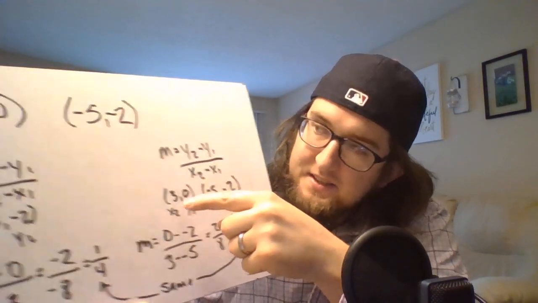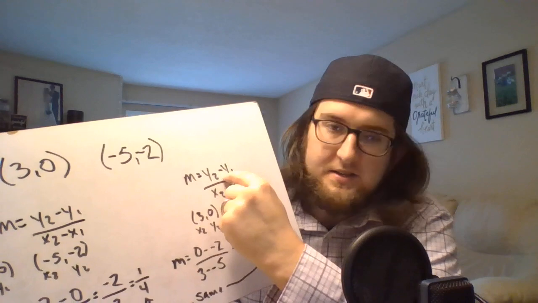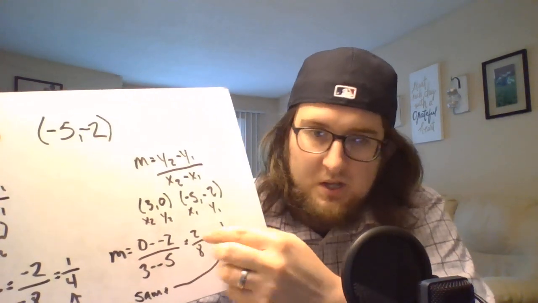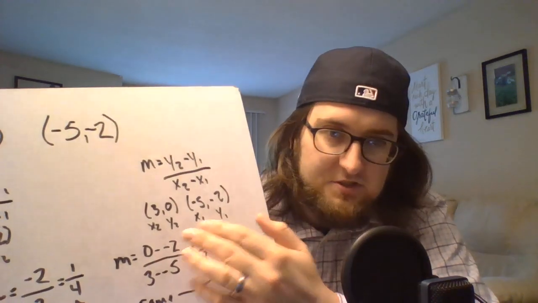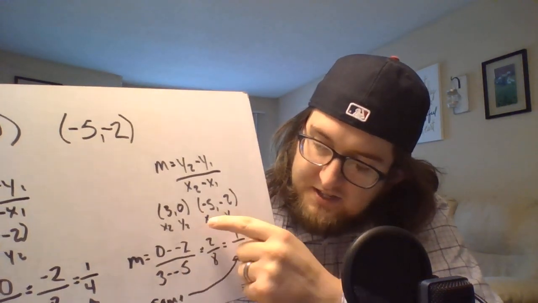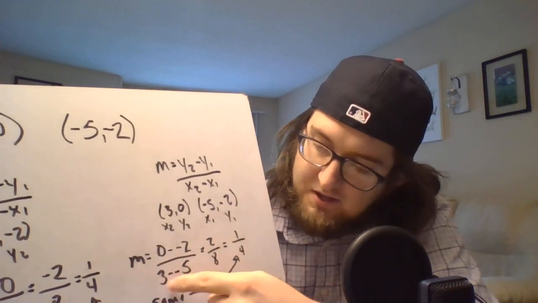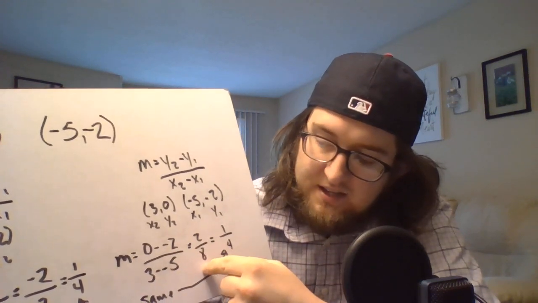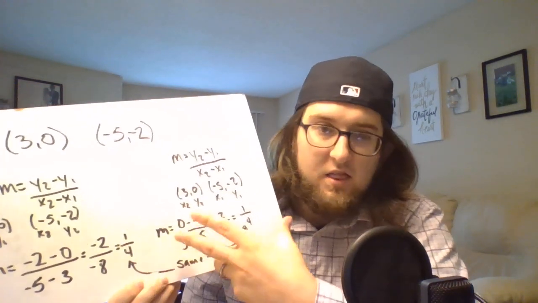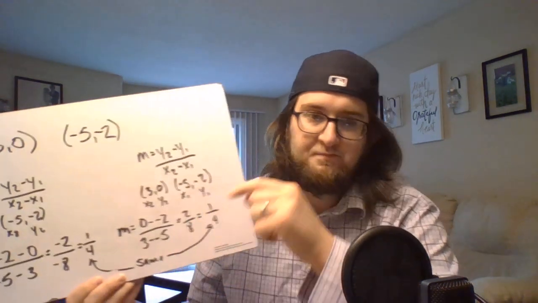Well, there's a minus in the equation, right? So that's got to be there. And then there's a negative because that was a -2. So 0 minus -2 is the same as 0 plus 2, which is 2. 3 minus -5, because again, minus in the equation, -5, is 3 plus 5, which is 8. 2 over 8 simplifies to 1/4, and as you can see, they are the same.